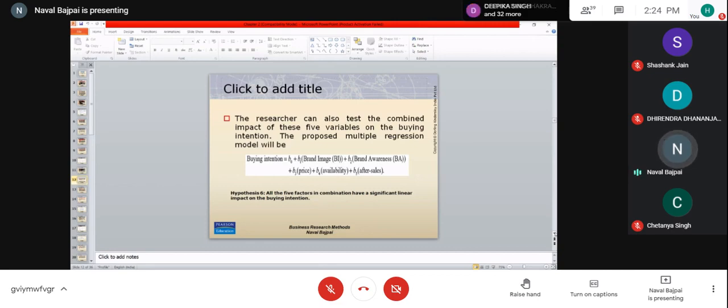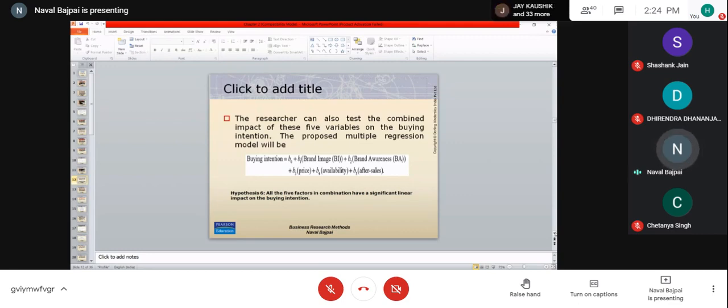Regression we are going to take, and one thing we are supposed to understand is that in chapter number 16 we are going to study what is being indicated in terms of B0 plus B1 plus B2 and all that. All these are sample regression coefficients.